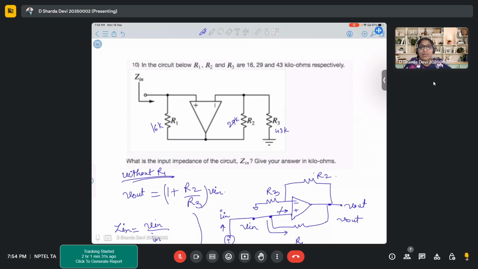Correct? Yeah, ma'am, in some of the numericals, they have considered minus GM. Apart from that, the GM of the input transistor, the transconductance, they have considered minus GM.